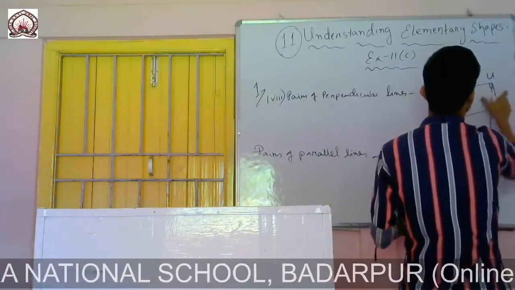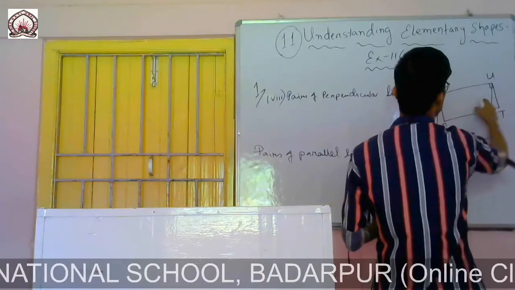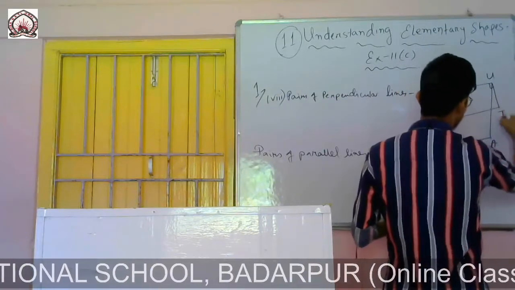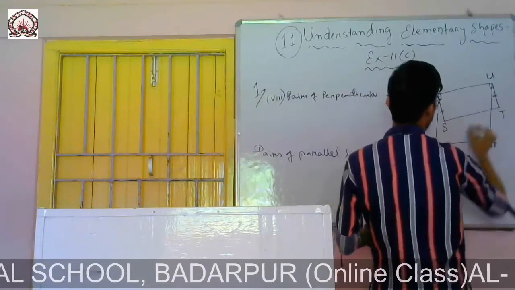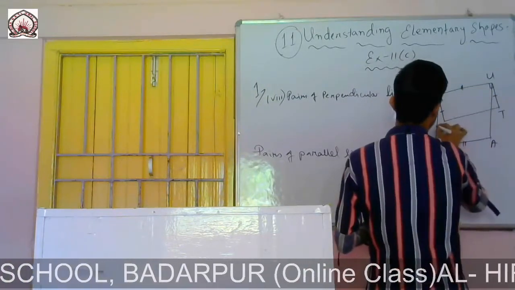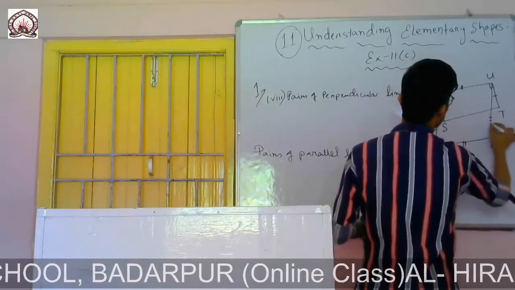RS and UT, these two sides are parallel. They are at 90 degree angles, that means if they move like this, they will be straight lines. So this is one pair of parallel lines, this one is another pair, and this is the third pair of parallel lines.